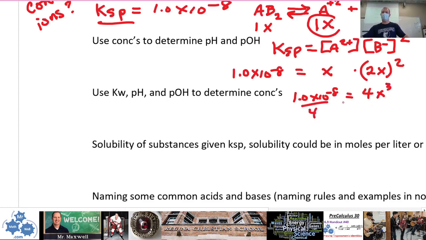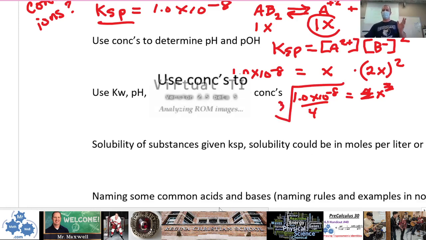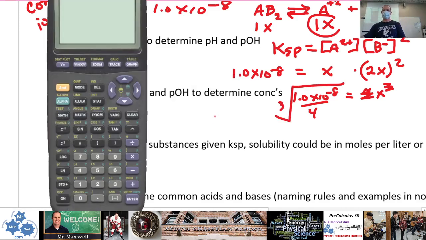We divide by 4 on both sides. We take the cube root of both sides, and that will give us our x. So we could find what x equals, and that x is going to equal, of course, the concentration of A2 plus, for example. Okay, so let's just do that.